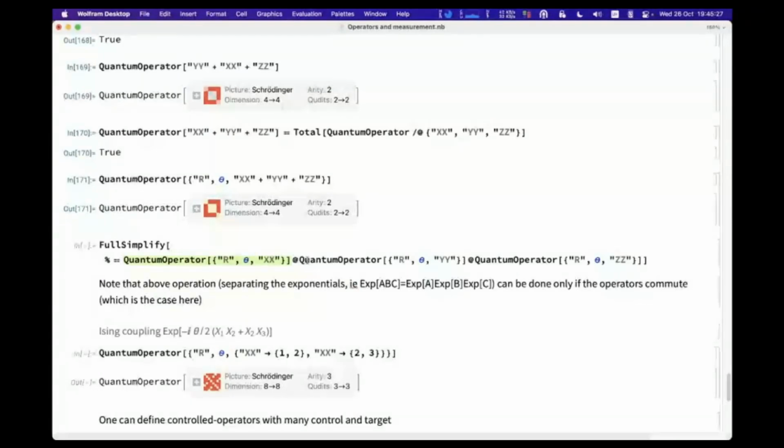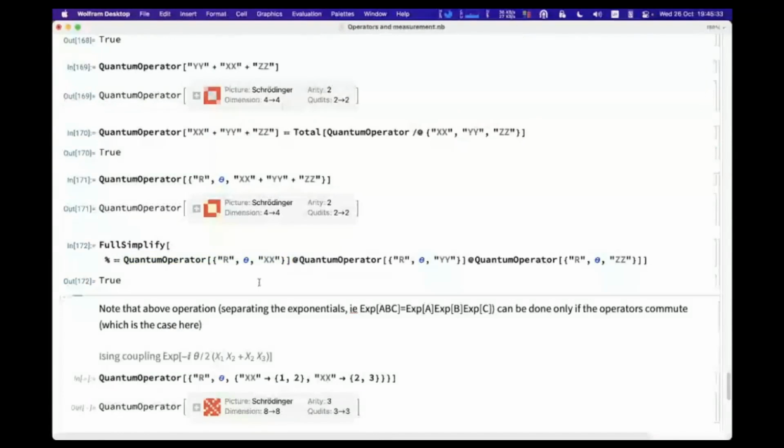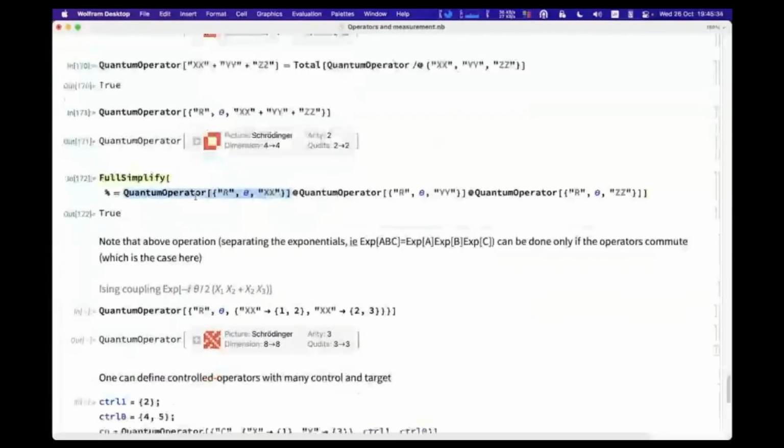Why are they interesting? Because in some cases like this one, if you just evaluate that, we are adding a bunch of operators, x x, y y, z z, and their exponential is also separable. We can write it as a multiplication of different exponential terms.